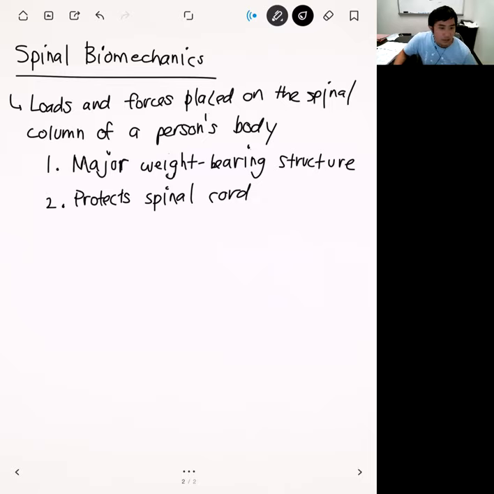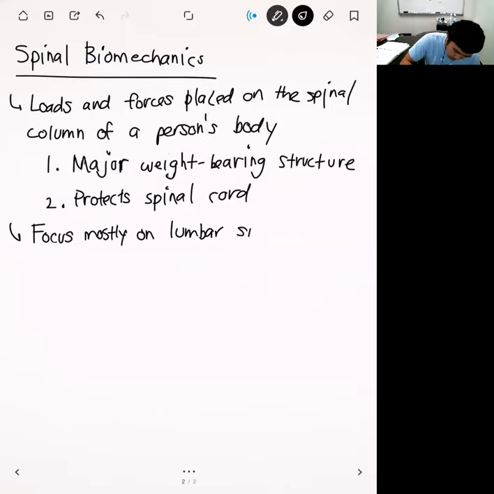Just like I mentioned, we focus mostly on the lumbar spine, which is the spine at the bottom, because that's where most people tend to hurt themselves. That'll be the focus of our static analysis.